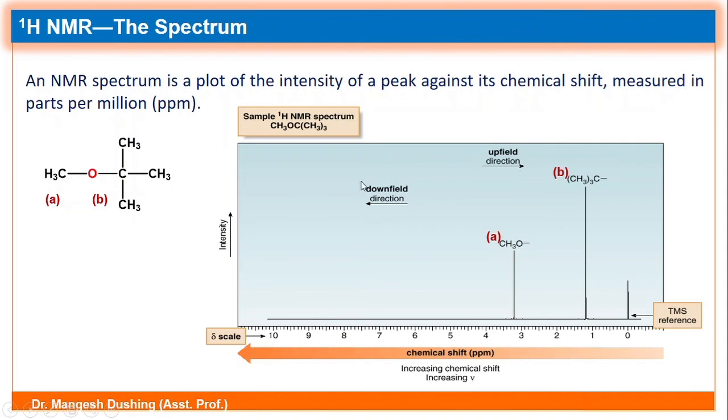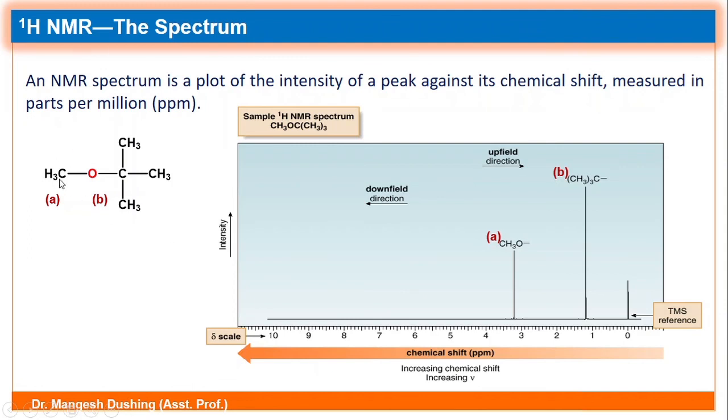If downfield protons are there, they have higher chemical shifts. But if they are upfield protons towards the right hand side, they have lower chemical shifts. So shielded protons have a lower chemical shift, while deshielded protons have a higher chemical shift.